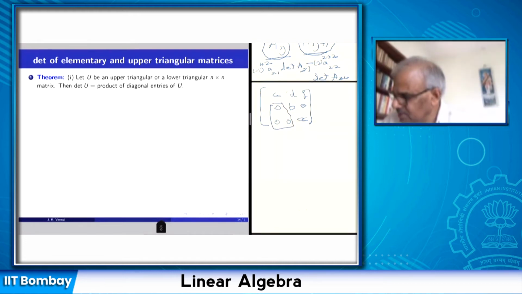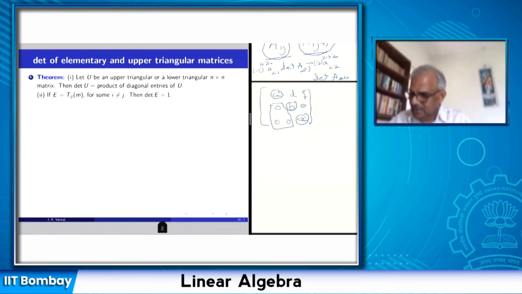So I look at the entries on the principal diagonal. Then what it says is that the determinant is the product of the diagonal entries. Let us prove this, but let us also state the results about elementary matrices.